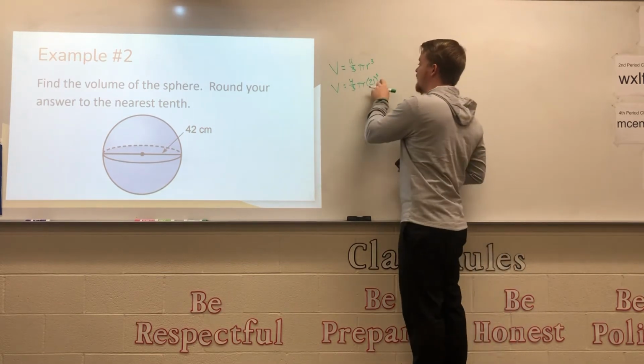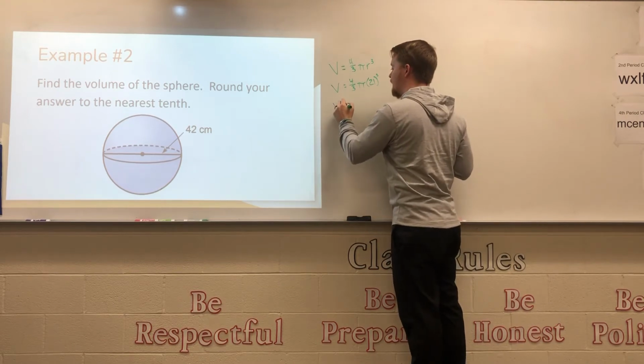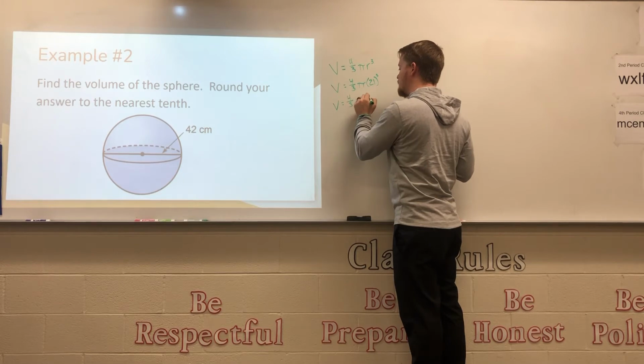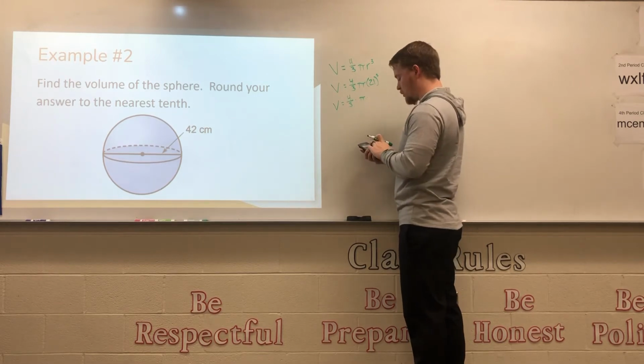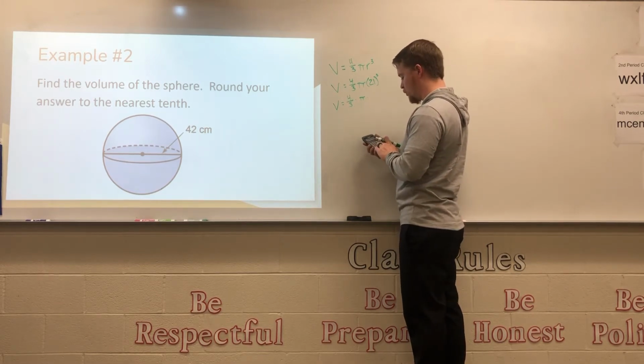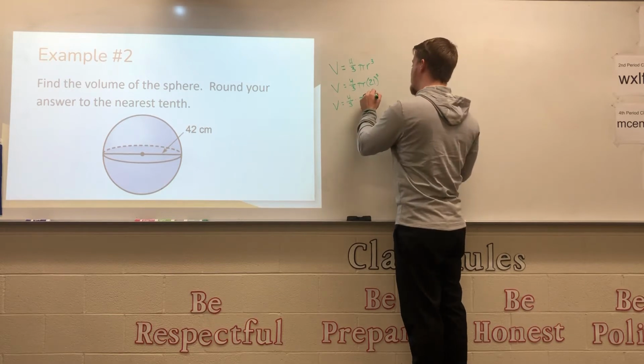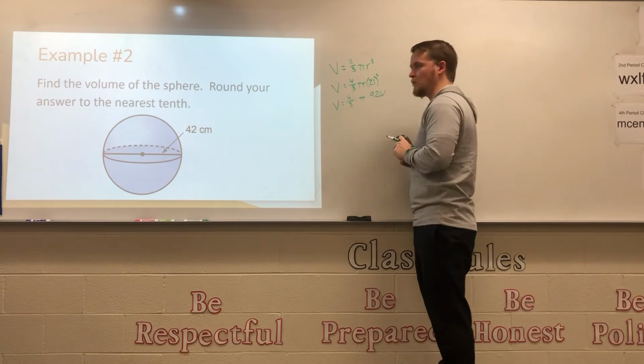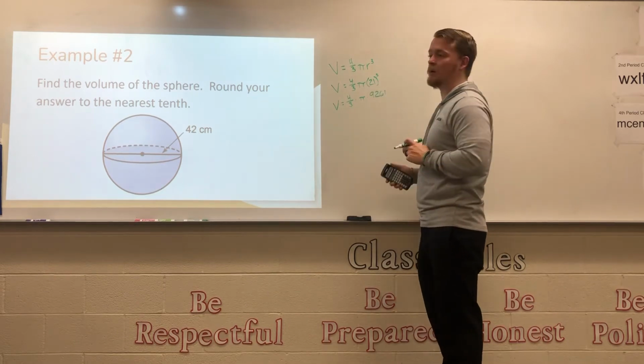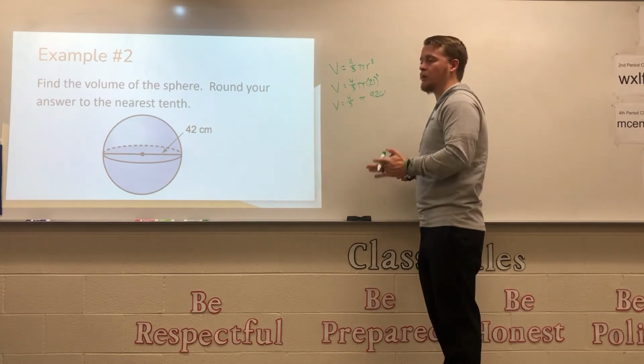So then we need to simplify 21 to the third power. So I'll bring down V equals 4/3 times pi times, type in 21, hit second 1, and you will get 9,261. And remember, 21 to the third power just stands for 21 times 21 times 21.